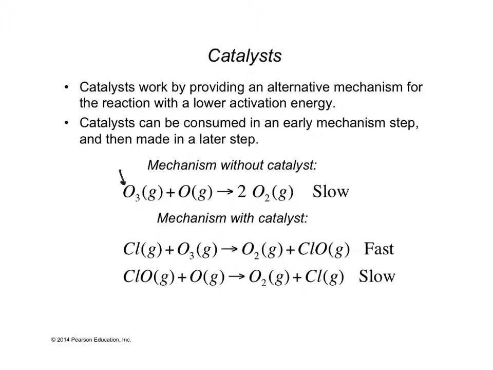They introduce chlorine into the ozone layer, which acts as a catalyst in this decomposition reaction. It catalyzes the decomposition of ozone into O2, which is not good because the ozone layer protects us from the harmful UV rays of the sun.